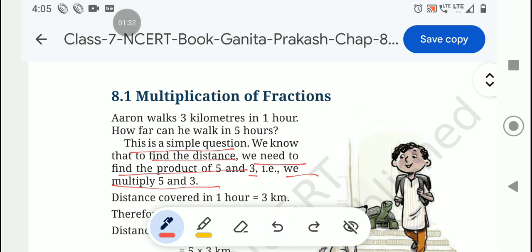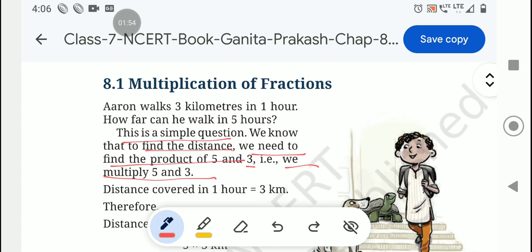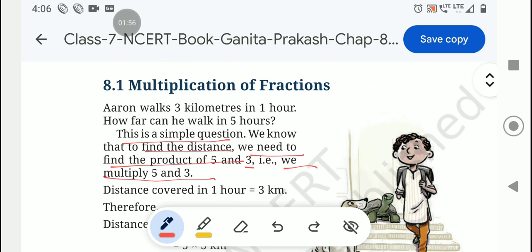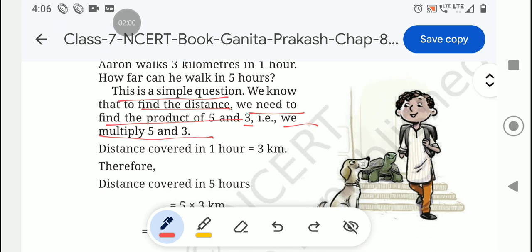If you want to find how many kilometers he can walk in 5 hours, you have to multiply 5 and 3. In story sums you need to write statements, so here they have given statements.